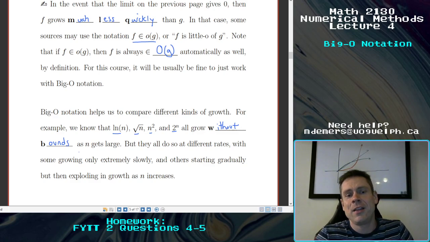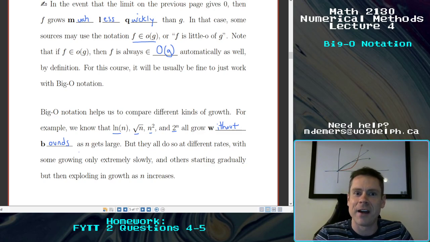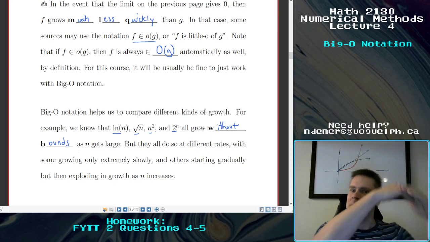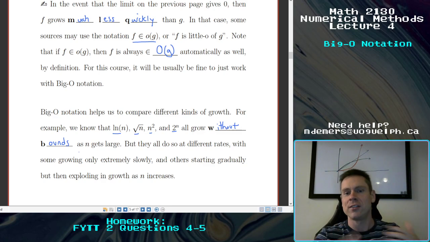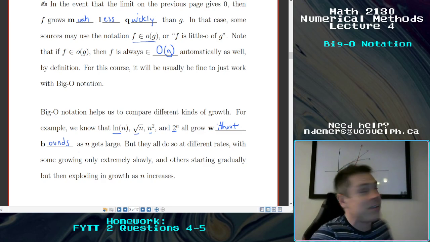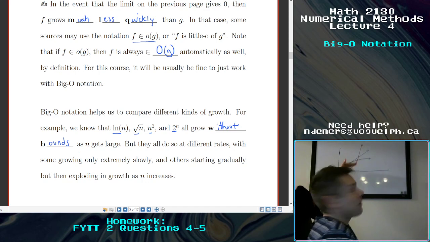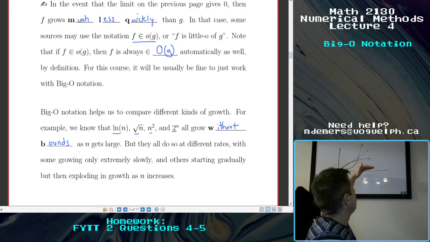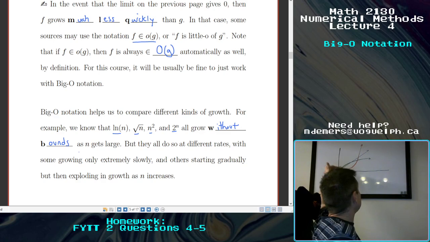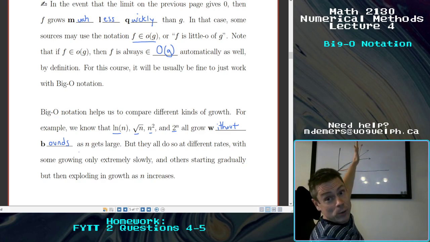And big O notation helps us to quantify, right? It gives us, as I said, a bit of a hierarchy of what comes before what. Which of those functions is on the order of which others? And the curves here that are flatter are going to be on the order of the curves that are less flat. So the linear one is going to be on the order of that exponential looking one.